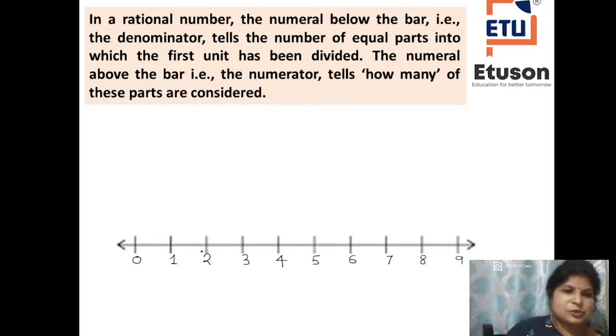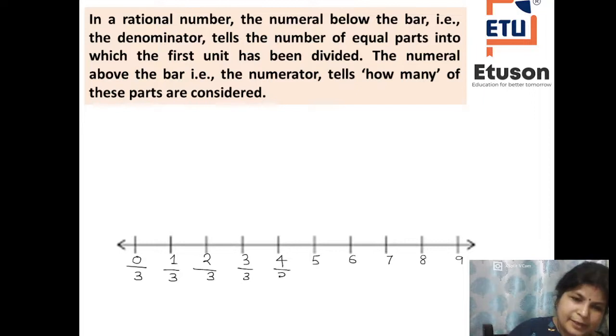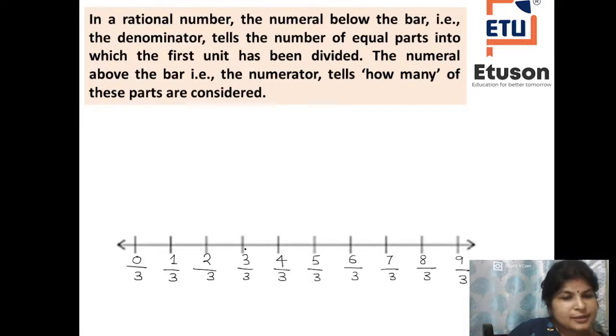Now you want 1 by 3. So just write below each whole number, divided by 3, that is take 3 as the denominator in each number. Now you see 1 by 3 here, 2 by 3 here, 3 by 3 is what? 1. 4 by 3, 5 by 3, 6 by 3 is what? 2. 7 by 3, 8 by 3, 9 by 3 is what? 3.